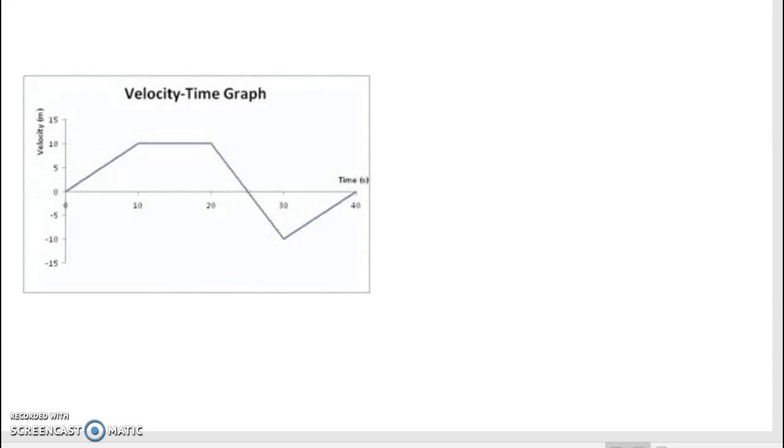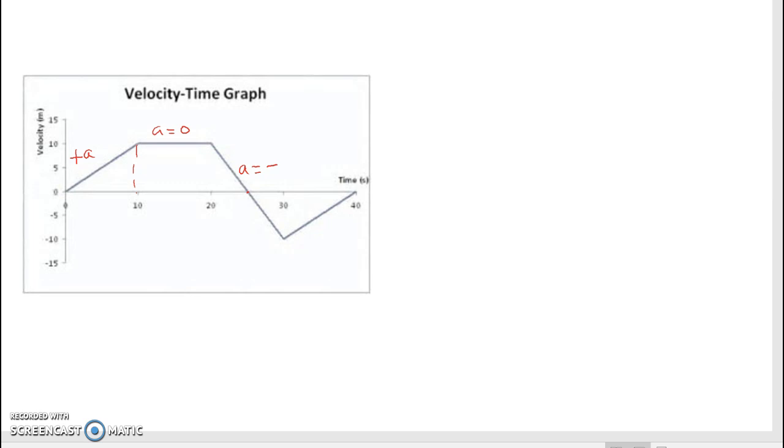So let's first interpret the graph. In the first 10 seconds, the velocity is increasing at a steady rate, so constant positive acceleration. So positive a. Then velocity stays constant, so a is 0, and then the velocity decreases with time, so a is negative. The velocity decreases with time until this point, but then it's going in the negative direction and the speed is increasing.